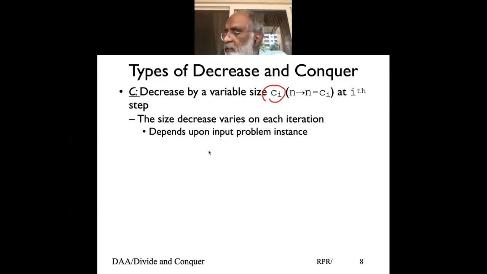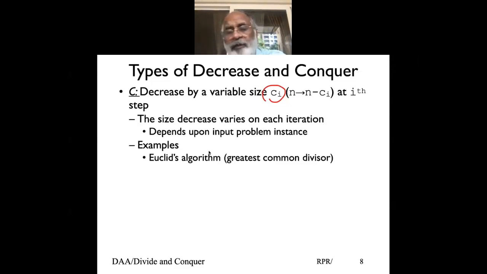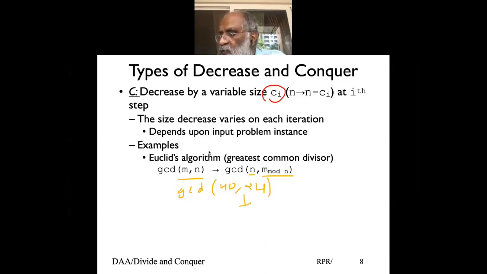Let's look at another case. We all know finding the greatest common divisor, GCD, where GCD of m, n is GCD of n, m mod n. So initially, let's say I need to find GCD of 40 and 24. The next invocation would be GCD of 24 and 16.